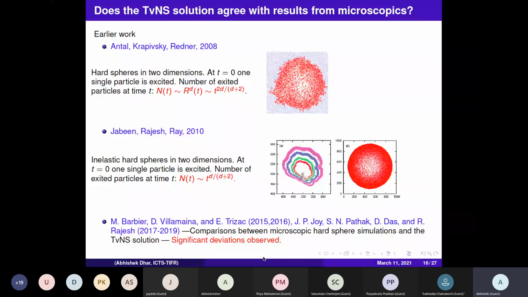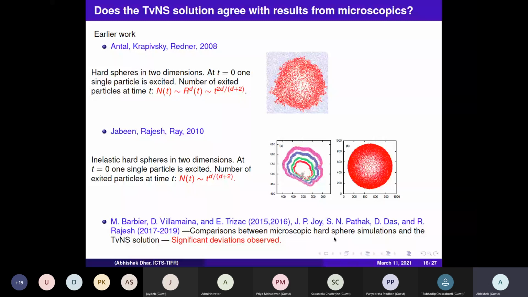One of their main conclusions was that there seem to be significant deviations between the microscopic and macroscopic results. In fact, Rajesh gave a talk at ICTS, and that's how I got excited about this problem.